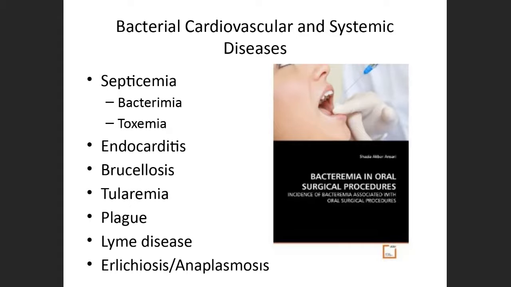Now, one of the most diagnosed cardiovascular diseases out there is going to be septicemia, and there are different causes for that. And then we will look at other bacterial cardiovascular diseases like endocarditis, brucellosis, plague. This time we're going to be thinking bubonic, Lyme disease, and some tick-borne diseases in the form of ehrlichiosis and anaplasmosis.